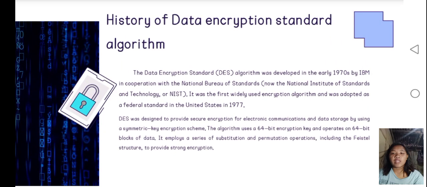The history of the Data Encryption Standard algorithm. The Data Encryption Standard algorithm, or DES, was developed in the early 1970s by IBM in cooperation with the National Bureau of Standards, now the National Institute of Standards and Technology, or NIST.